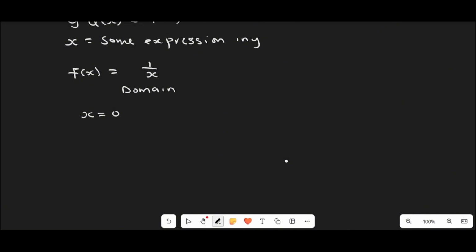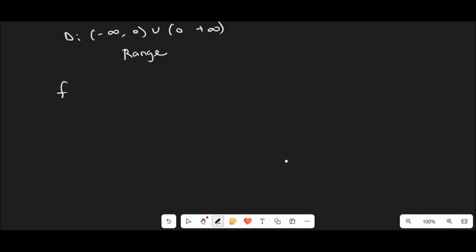Since the function will be undefined when x is equal to 0, the domain is all real numbers except 0. So our domain will be negative infinity comma 0 union 0 comma positive infinity.